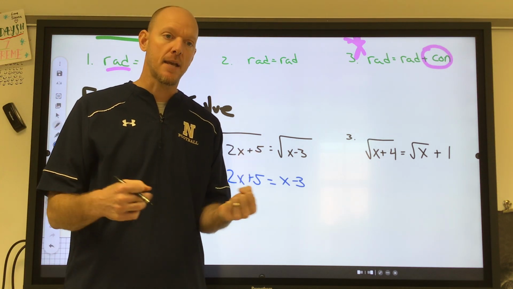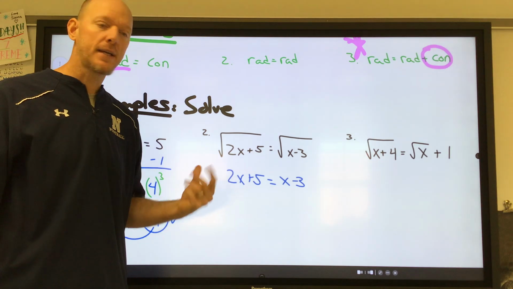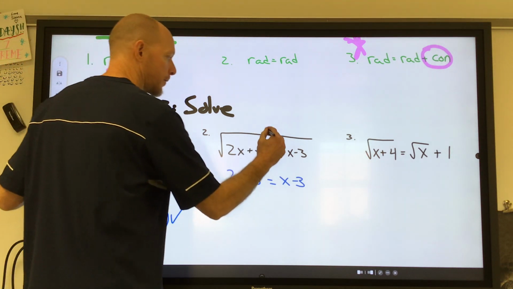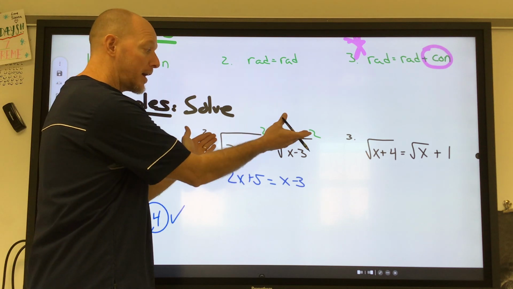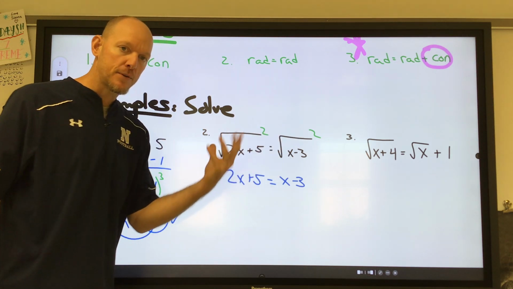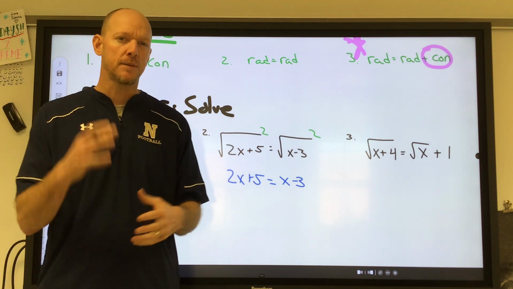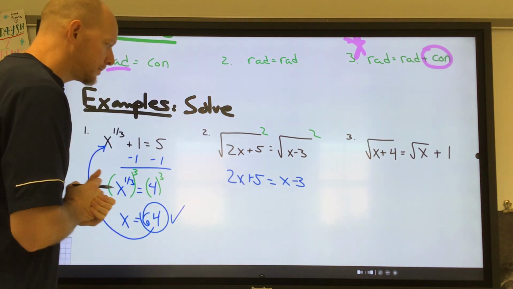We could also get that same result if we square both sides. If we square both sides of the equation, we also end up with 2x plus 5 equals x minus 3. However you want to think through that problem.